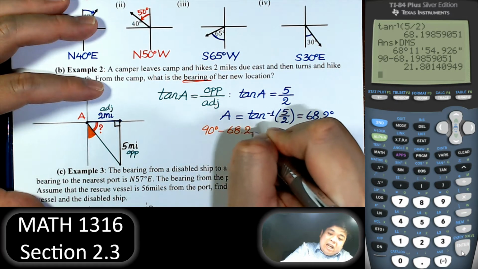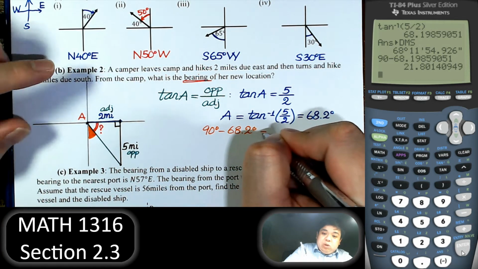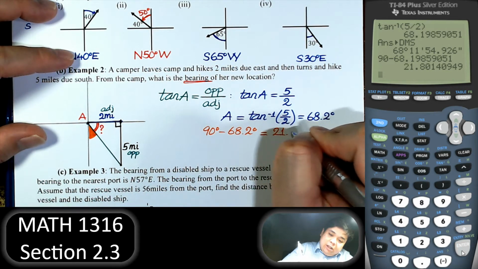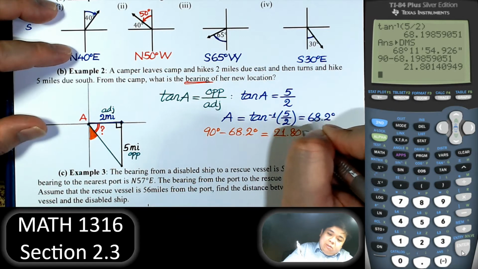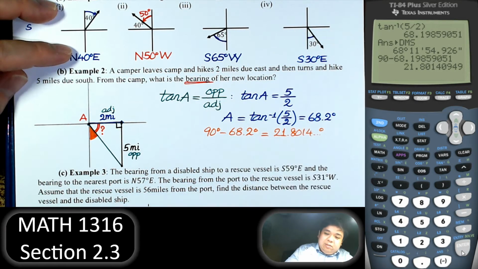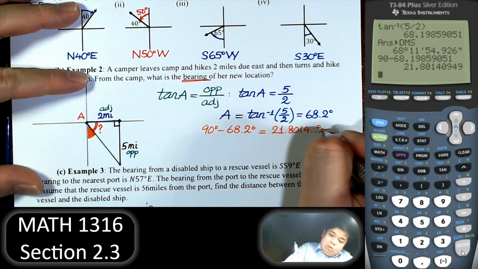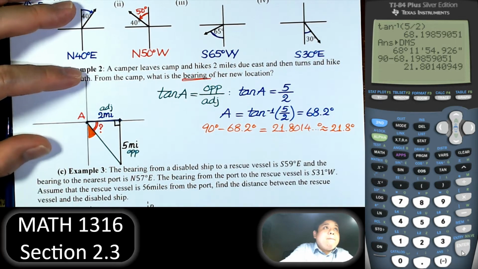In here I can just write it like this, but the actual number I'm going to use is on the calculator: 21.8014 something degrees. Let's round that to 1 decimal place: 21.8 degrees.